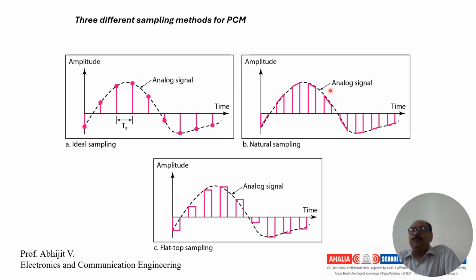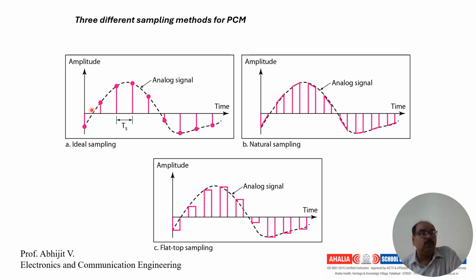So for the waveform representation in your examination answer sheets, you must draw the waveforms and write all the necessary equations whenever a question is asked. So this will be the analog signal.